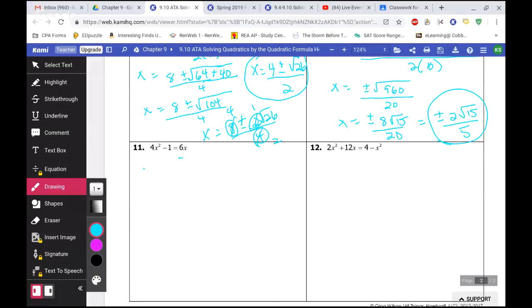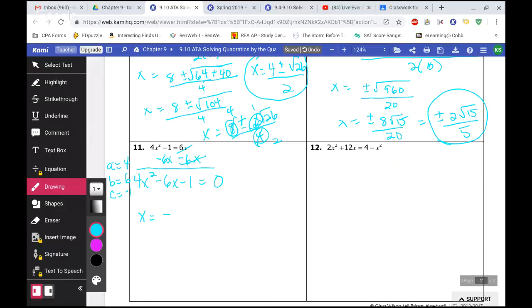All right, number 11. So not in standard form, so I have to get it there by subtracting 6x from both sides. So now I'm going to identify A, B, and C. And then I'm going to plug that in.